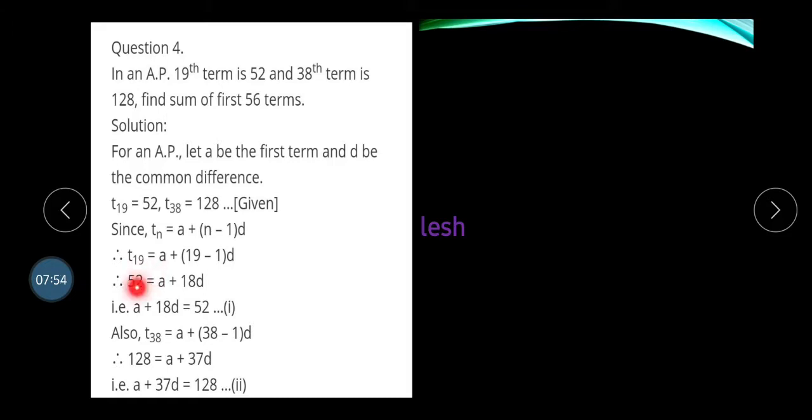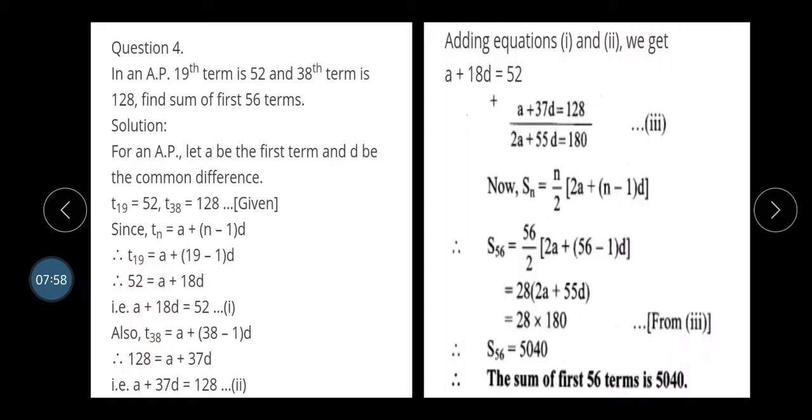Now we are getting here A and A. So we will be adding these equations. Adding equation 1 and 2, we get A plus 18D equal to 52 plus A plus 37D equal to 128. So we are getting 2A plus 55D equal to 180.